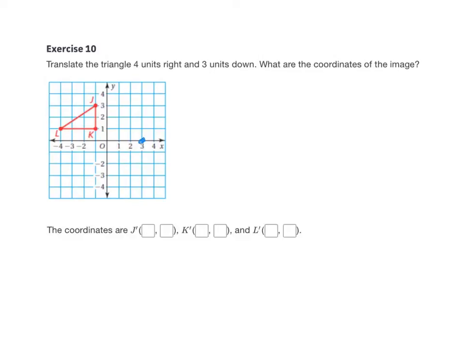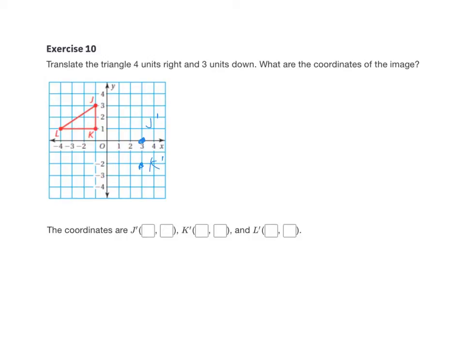Now typically what we call that is J prime, because it's J but it's been moved. If we look at K and we go 4 units to the right, 1, 2, 3, 4, 3 units down, 1, 2, 3, we now have K prime, which is just a K with a little mark.